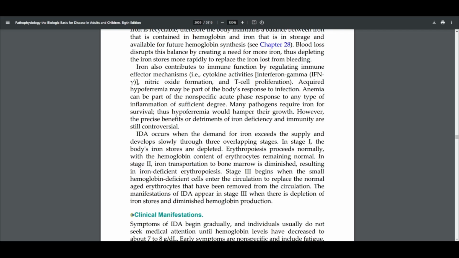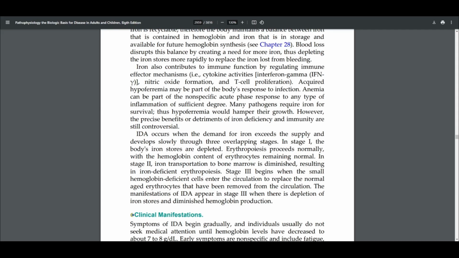IDA occurs when the demand for iron exceeds the supply and develops slowly through three overlapping stages. In stage 1, the body's iron stores are depleted. Erythropoiesis proceeds normally, with the hemoglobin content of erythrocytes remaining normal. Then in stage 2, iron transportation to bone marrow is diminished, resulting in iron-deficient erythropoiesis.